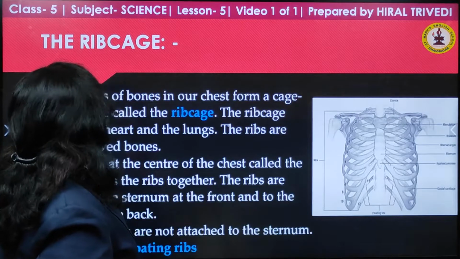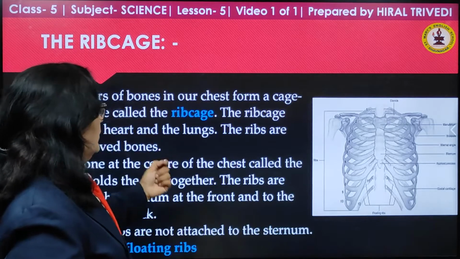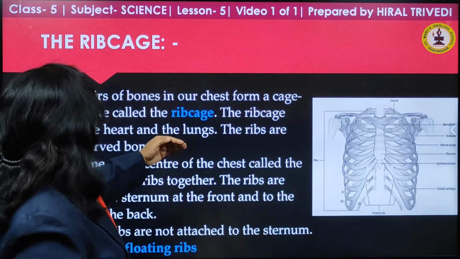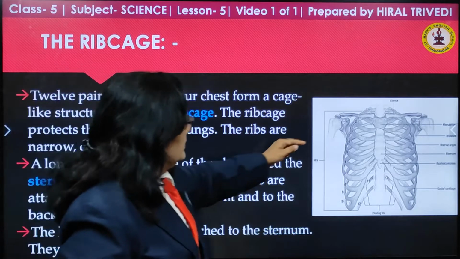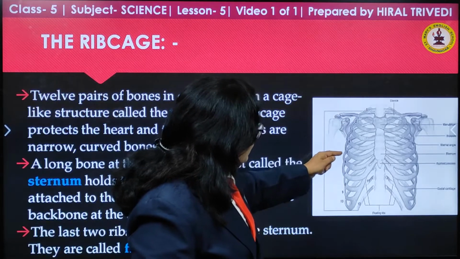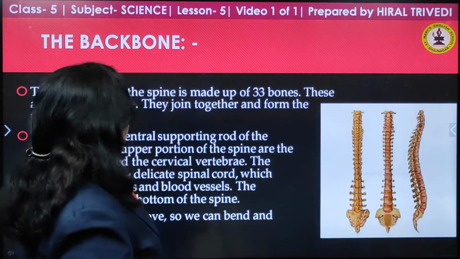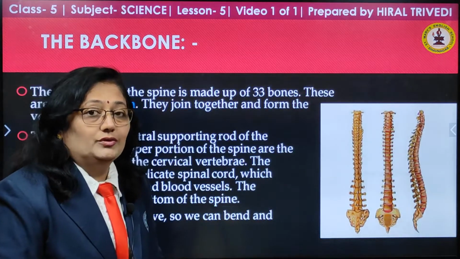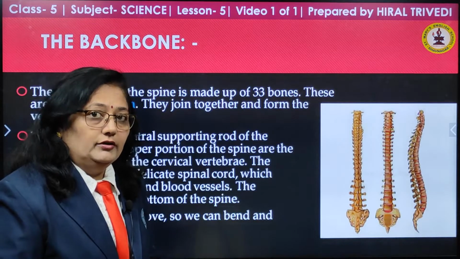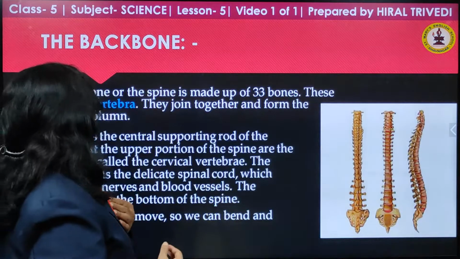Twelve pairs of bones in your chest form a cage-like structure called the rib cage. So, when we see this cage, there are 12 pairs. 1, 2, 3, 4, 5, 6. Yes, and it has 12 pairs, and the last ones are known as the floating ribs because they are not touching, and the middle one is the sternum, the chest bone.